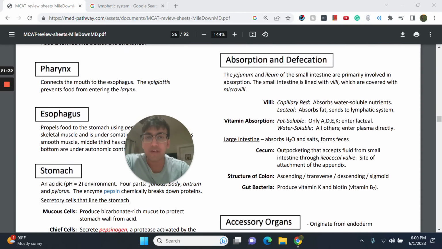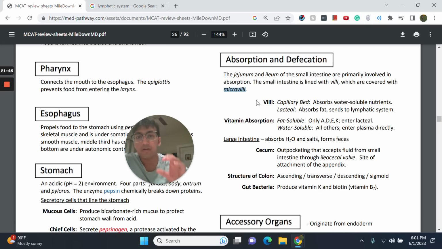Okay, the next thing we have is absorption and defecation. So the jejunum and the ileum are part of the small intestine and are primarily involved with absorption. And the small intestine is lined with these things called villi. And villi contain microvilli, and that helps you digest some of the things.